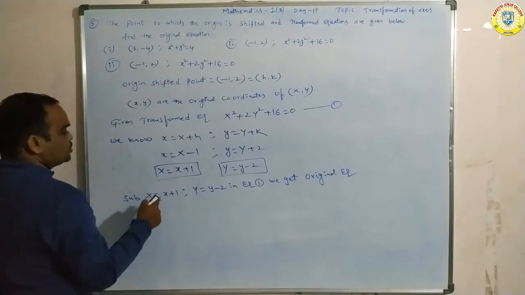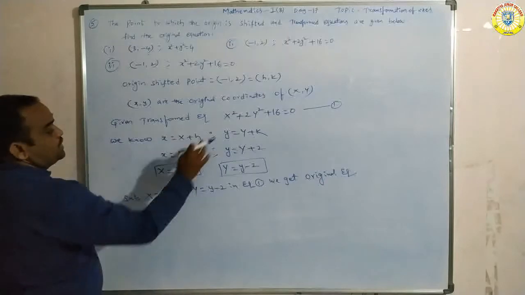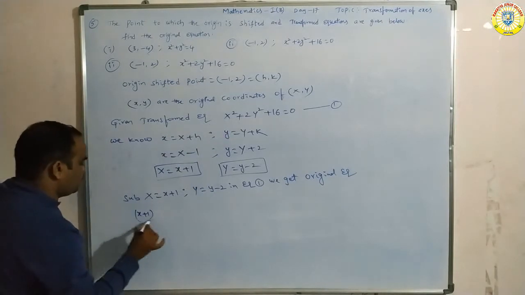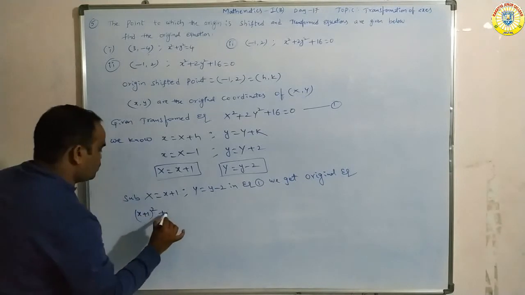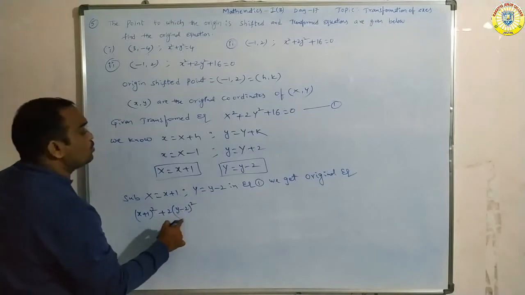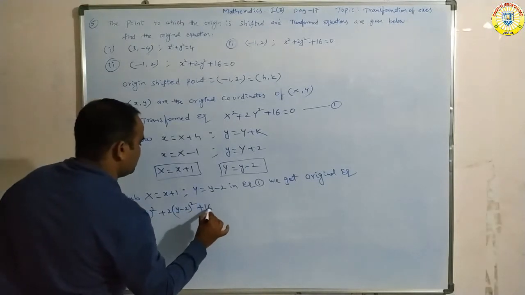Observe this one. Capital X is x plus 1, so (x plus 1) whole square plus 2 into (y minus 2) whole square plus 16 is equal to 0.